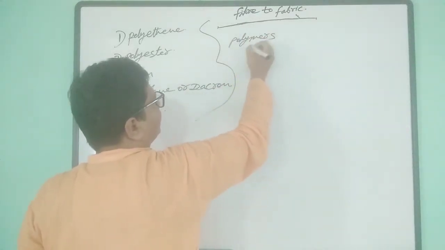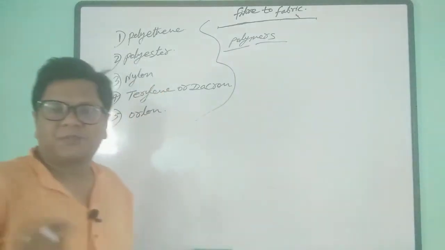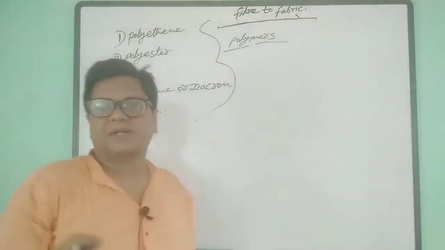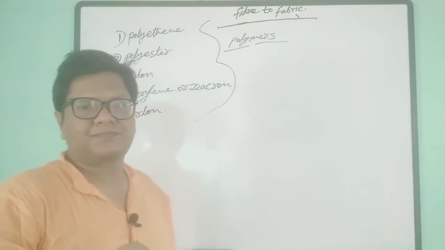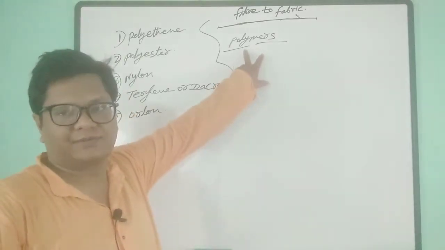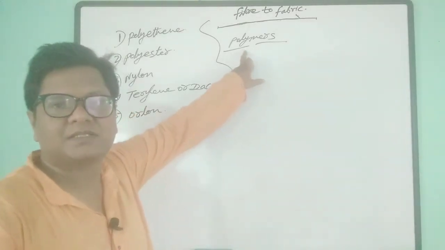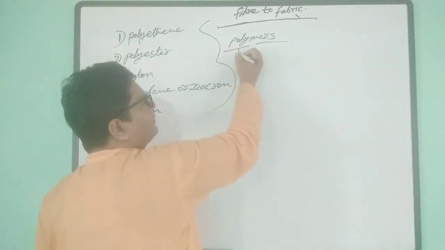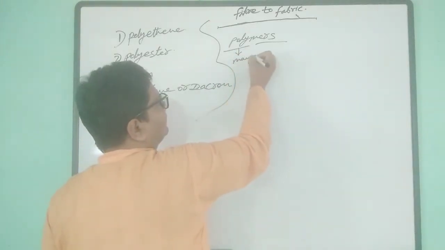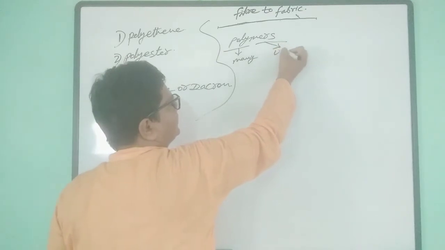Polymers. See, the word polymer is derived or taken from the Greek word. Here there are two words. One is poly, which means many, and mer means unit.